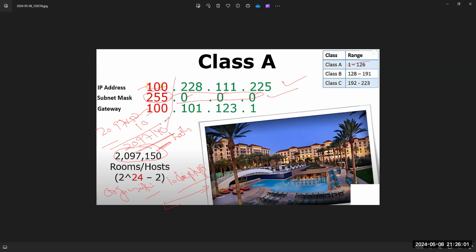I am reserving all these IP addresses, correct? They are not useful to anyone, and all the IP addresses should be unique, so these many unique IP addresses are blocked within this organization.